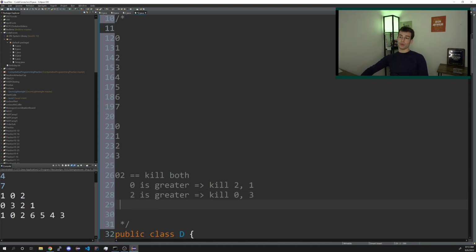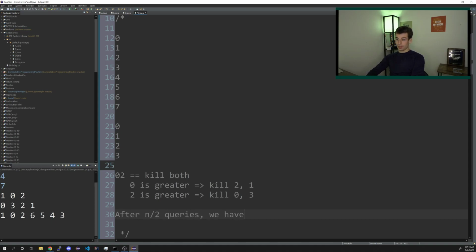So, what do we wind up with? Well, maybe this isn't too useful, but after n over 2 queries, we have n over 2 remaining. Is it n over 2 or n over 4? Every query you kill 2 things.